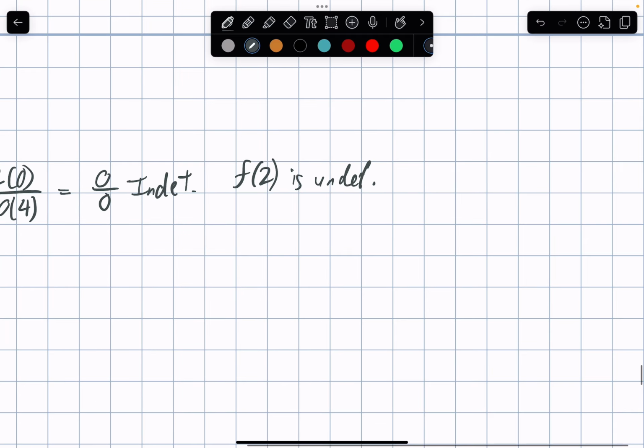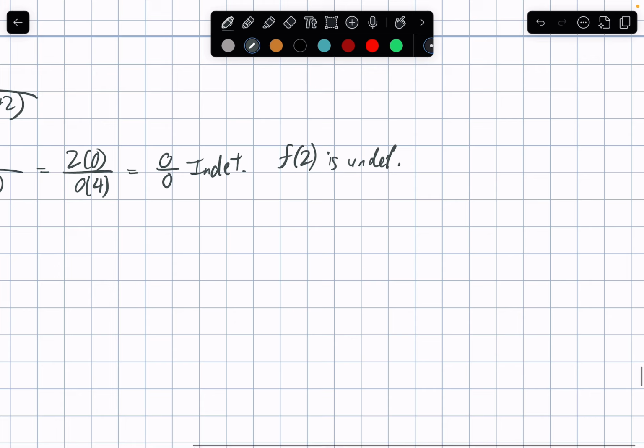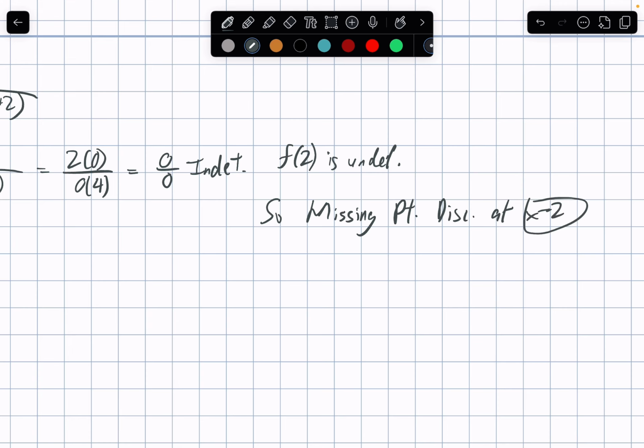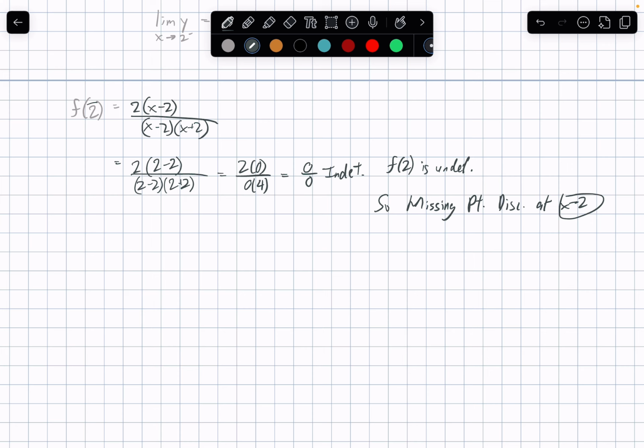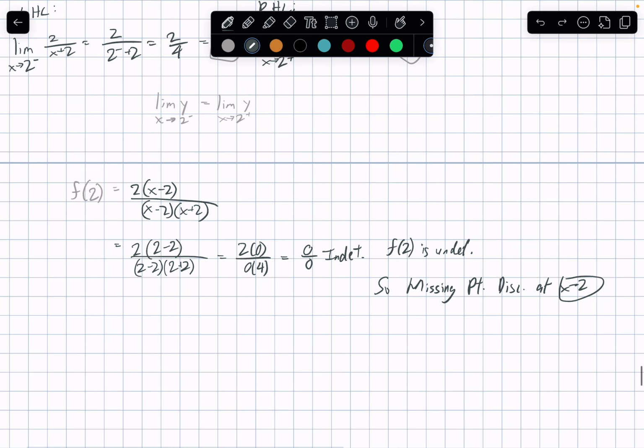Since f of a is undefined, we could say that there is a missing point discontinuity at x is equal to 2, since we substituted x as 2.